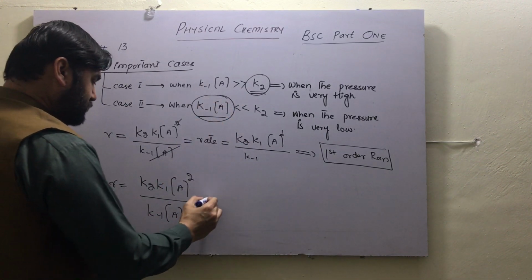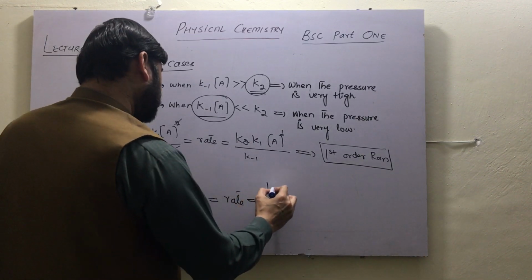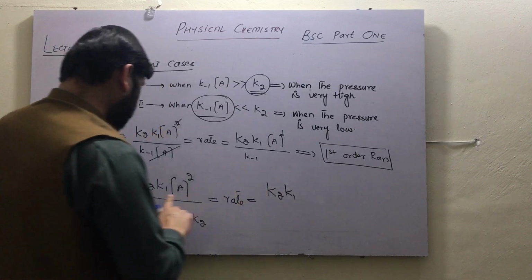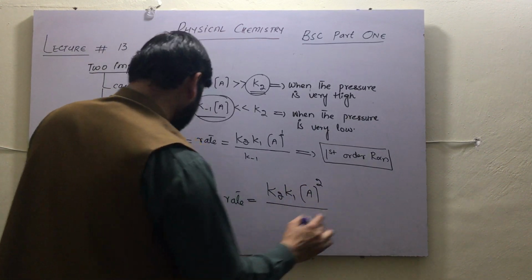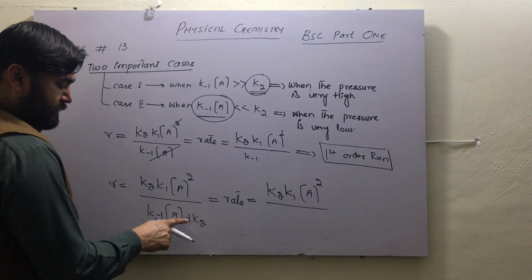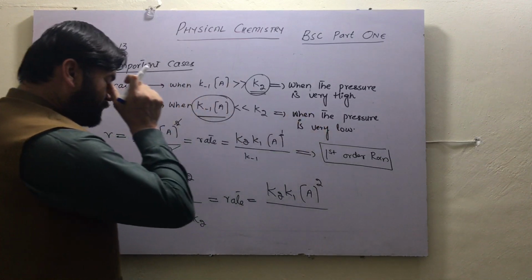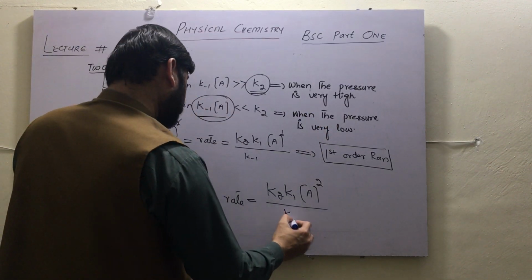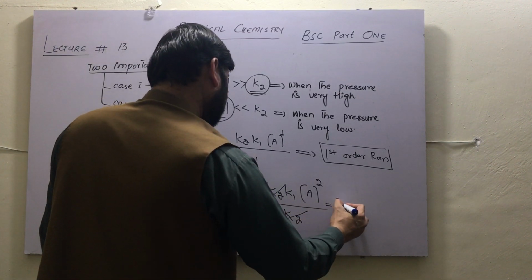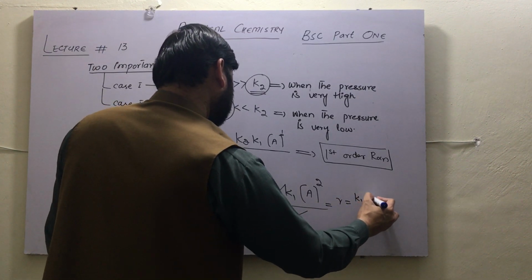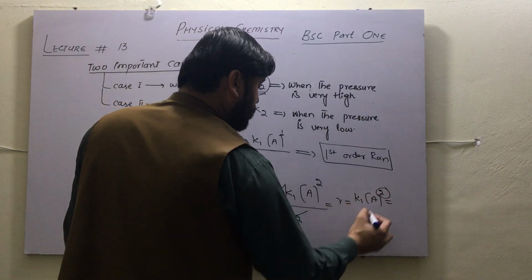We will not write it. So the rate will become k2 k1 a divided by k2, because when the pressure is very low, we will write only k2. So k2 will cancel k2, so the rate will be R is equal to k1 a square. And in this case, the order is second order.